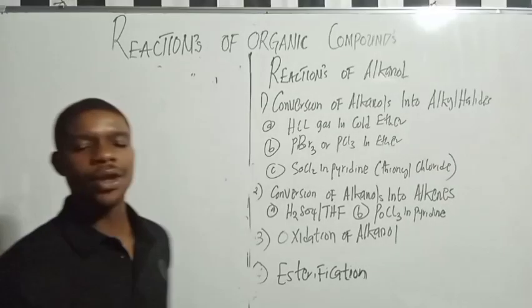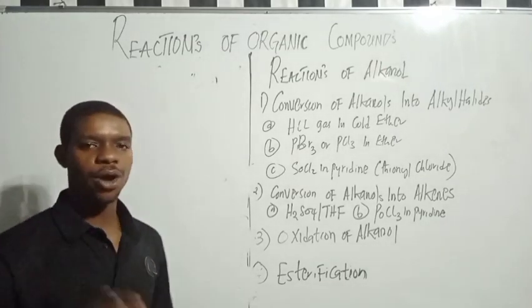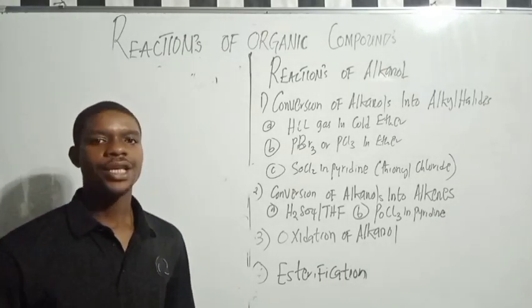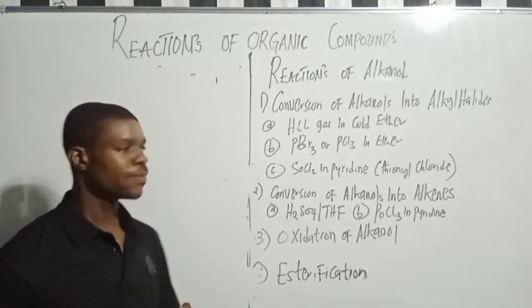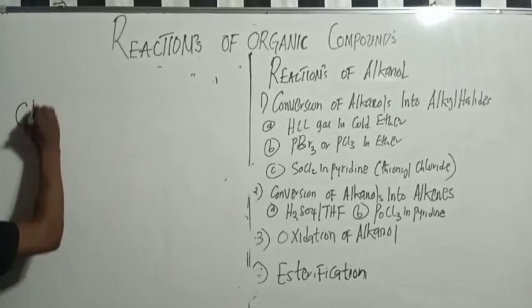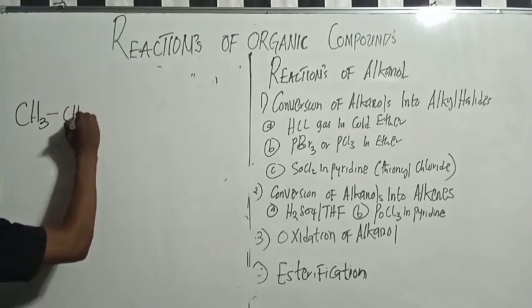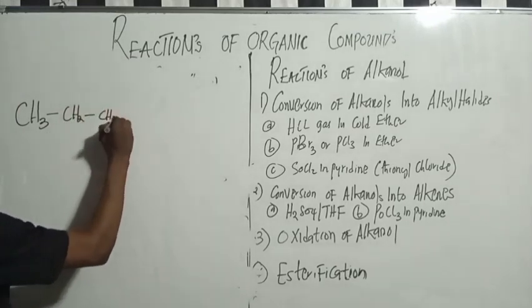Do you understand? When you oxidize a primary alcohol with strong oxidizing agents, you're going to produce a carboxylic acid straight. For example, here we have CH3CH2CH2OH.